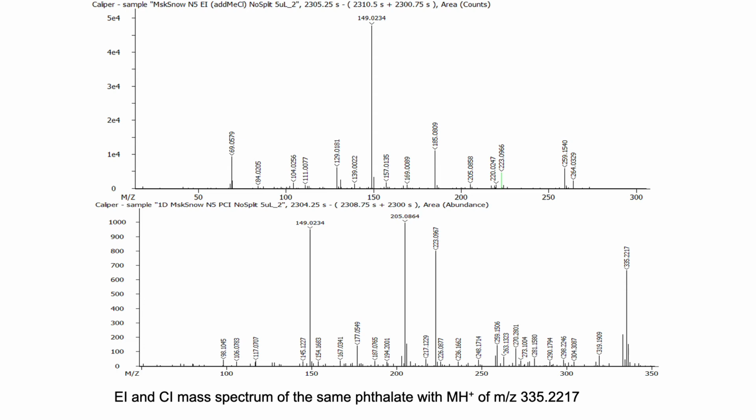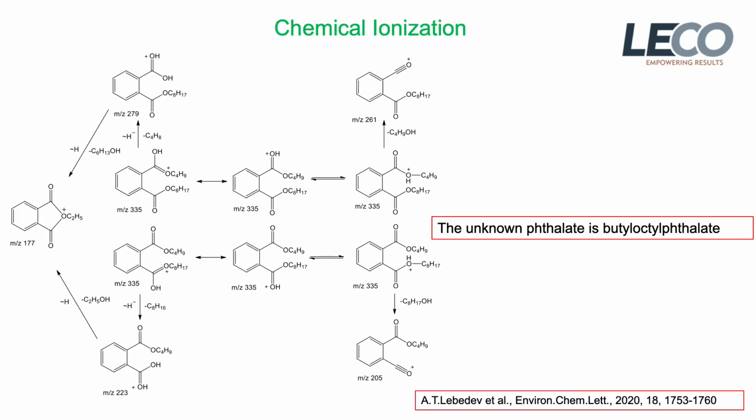So having the knowledge of fragmentation of organic compounds, you can derive the structure of the whole molecule. Look, for example, at this scheme. One of the phthalates we had in our sample didn't have molecular ion in electron ionization, but it had a protonated molecule in chemical ionization mode, and its m/z value was 335.